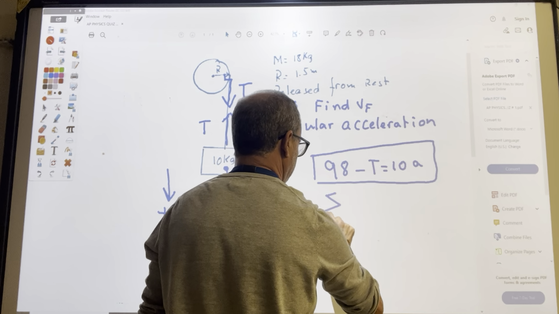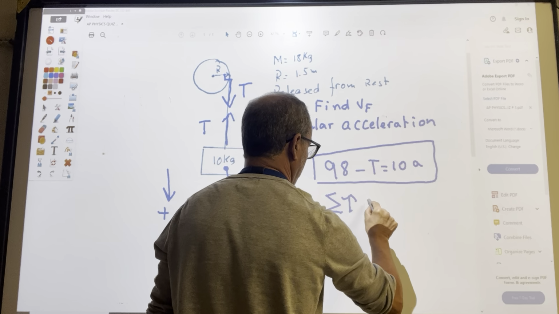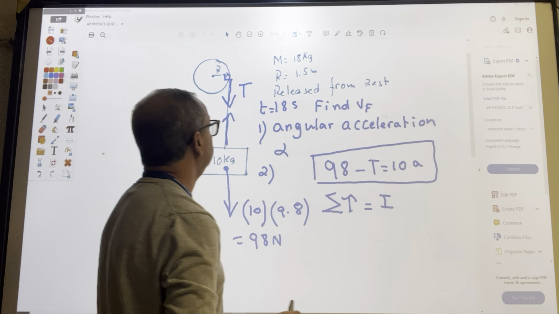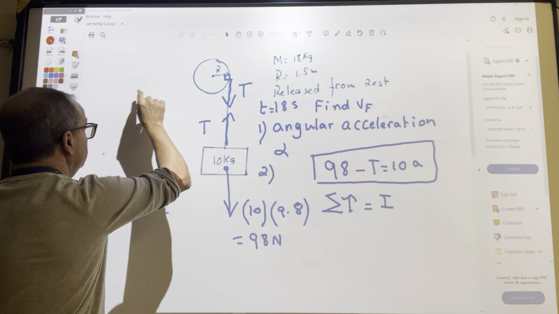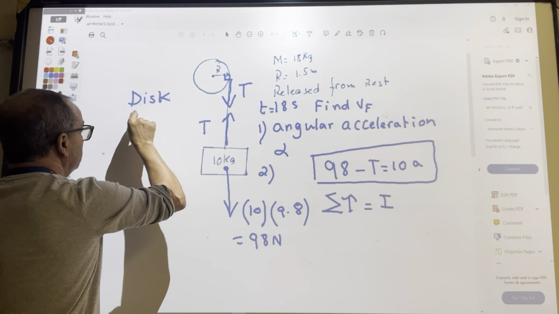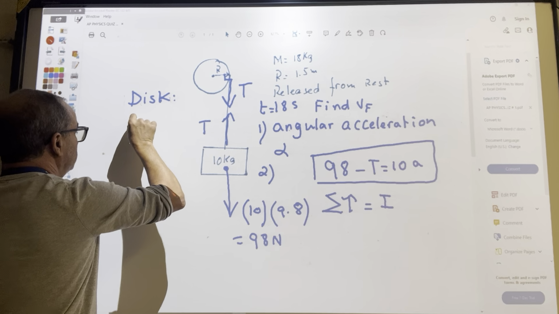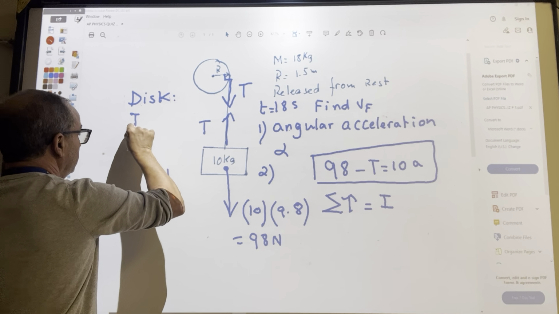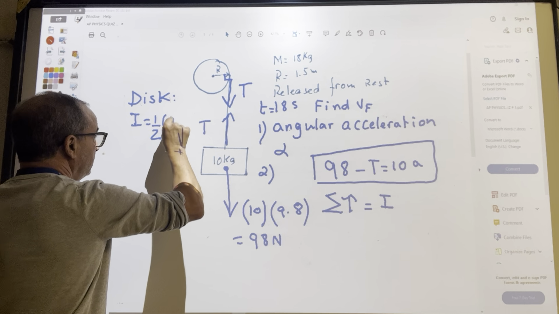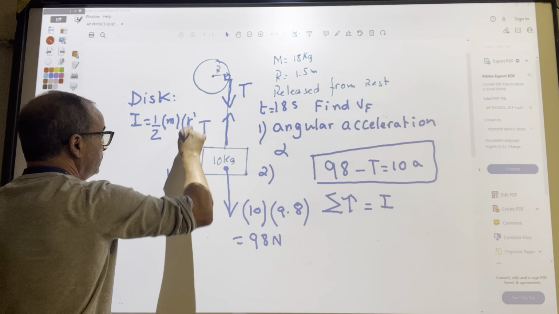So we're going to do the sum of the torques is equal to I alpha, where I is the inertia of this disc. We need to remember that the inertia of a disc is 1/2 times the mass of the disc times r squared.